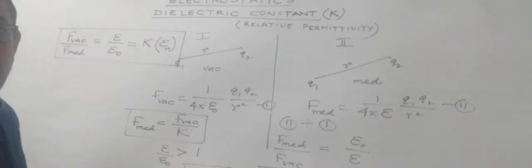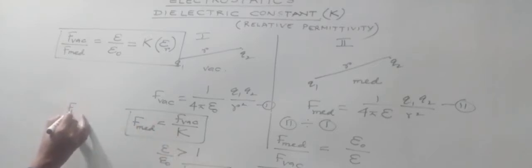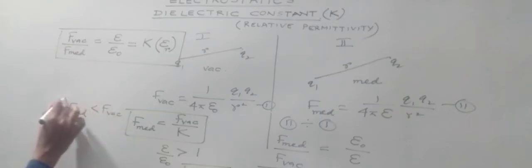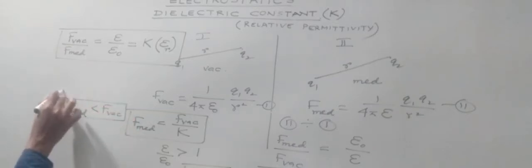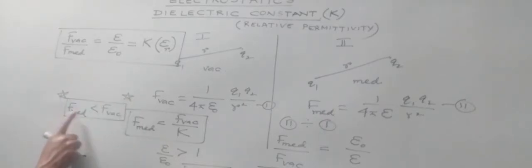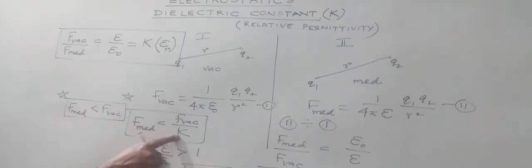So there's a very important conclusion. Look, from this equation, since the value of K is greater than 1, therefore F medium would be less than F vacuum. Is it clear? F medium is always less than F vacuum. The denominator is greater than 1, therefore F medium would be less than F vacuum.